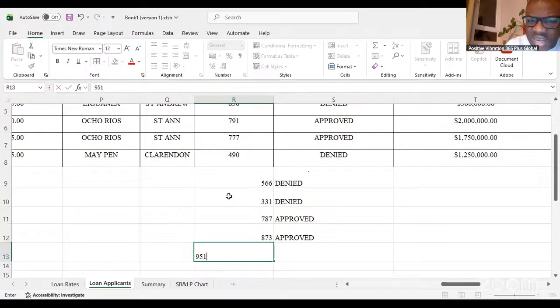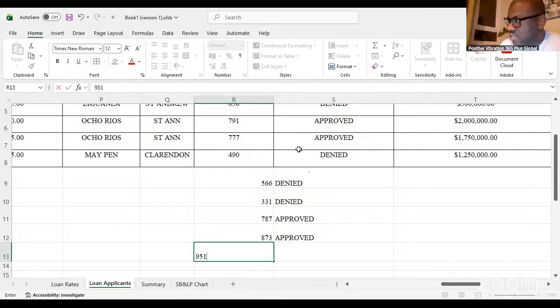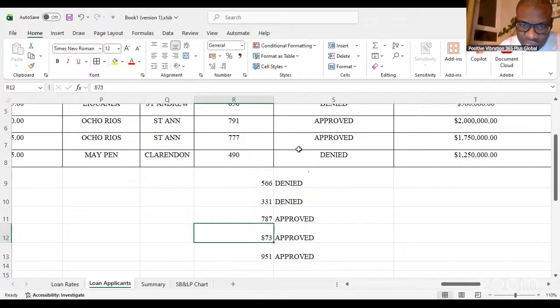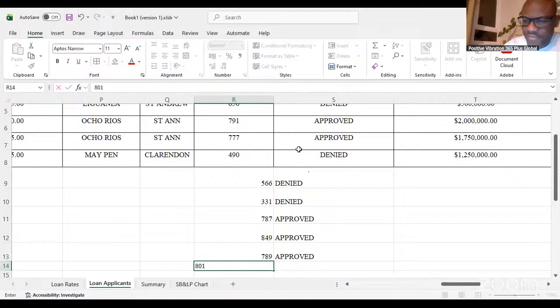You can't go higher than that. What was the rate? Wait, take out the 873. 849. And then 801. 821.